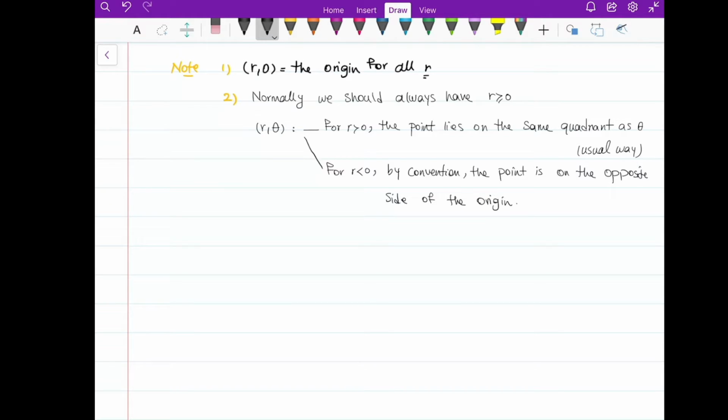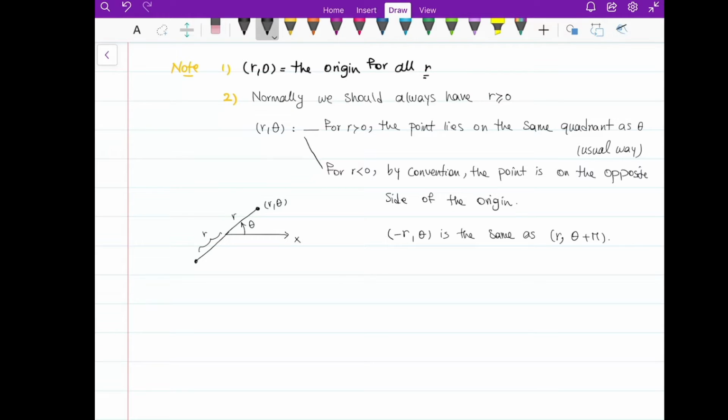What do I mean by that? I mean, negative r and theta is the same as r and theta plus pi. So basically, if this is the positive x-axis, and we have the point r and theta in here, if this is theta, we're gonna go the same size on here.